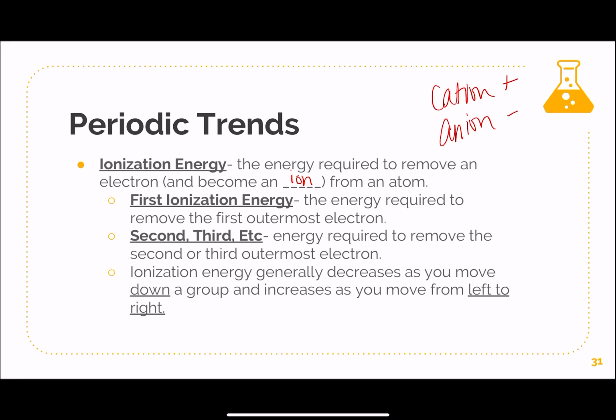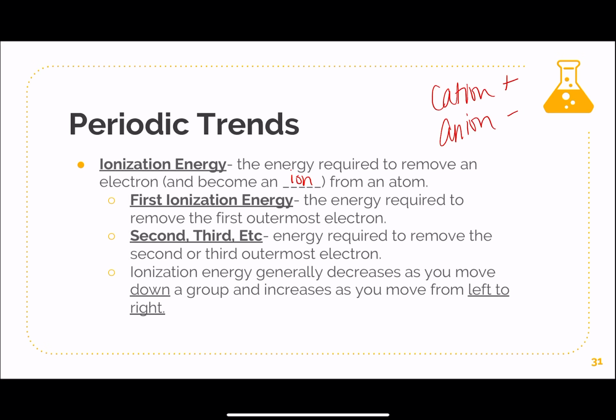Now, the second ionization energy is the energy it requires to take a second electron. Those alkali metals in that first column will let you take 1 from them because that takes them back to a full octet. But they're not going to let you take 2 electrons from them because that second one pulls from the octet that they really want to keep.